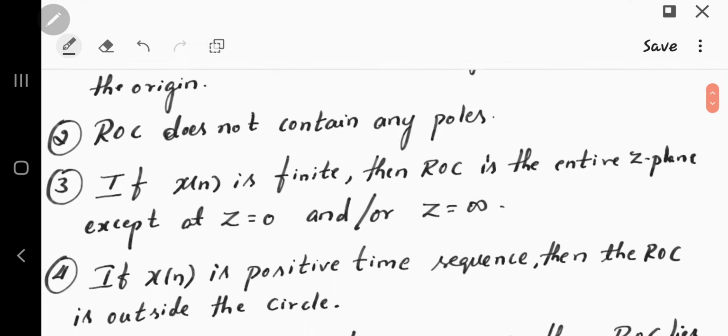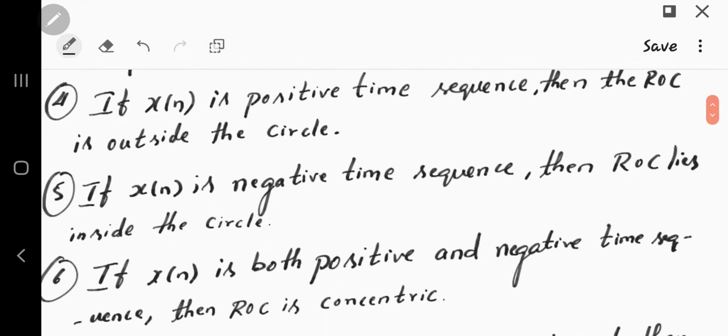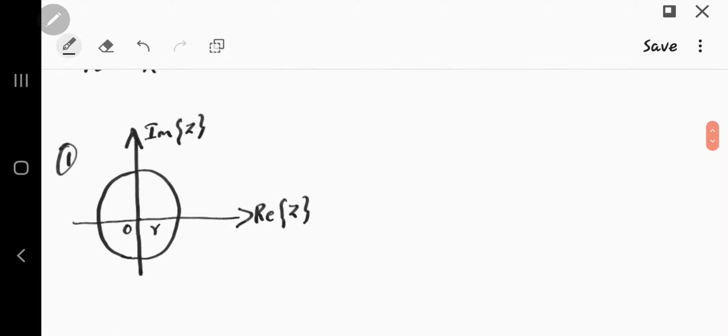Second one, the ROC doesn't contain any poles. This is a very important thing.